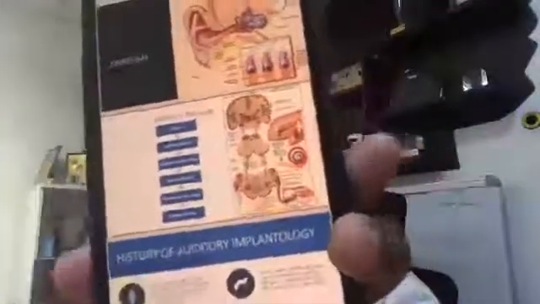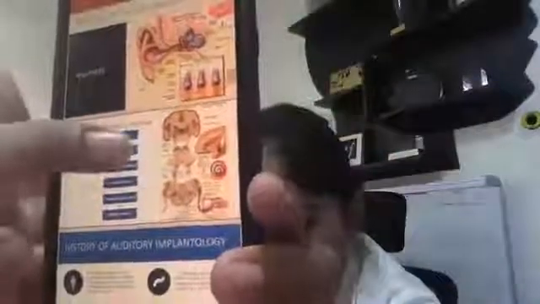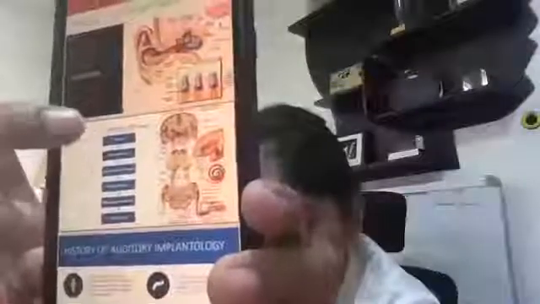After bypassing the inner ear, this is the auditory brainstem pathway. After the inner ear, it goes to the brainstem as well as the midbrain, and finally it is represented in the cortex.